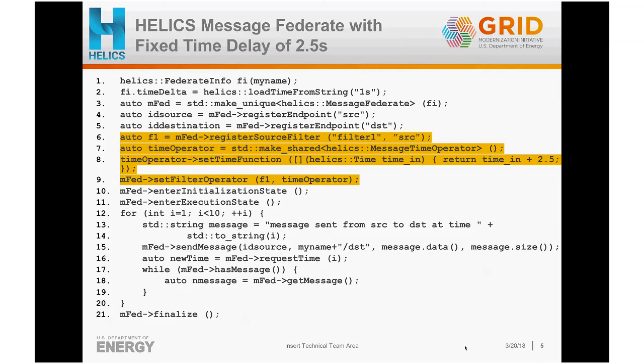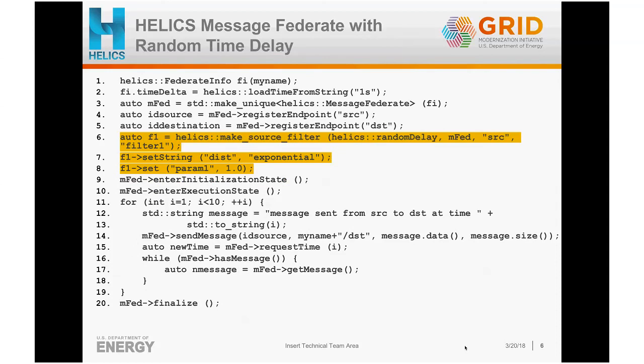And so then anything leaving source, so that's the endpoint registered as source on line 4, anything that's being sent using that endpoint ID will go through this filter. And so it'll add 2.5 seconds to the delivery time of the message.